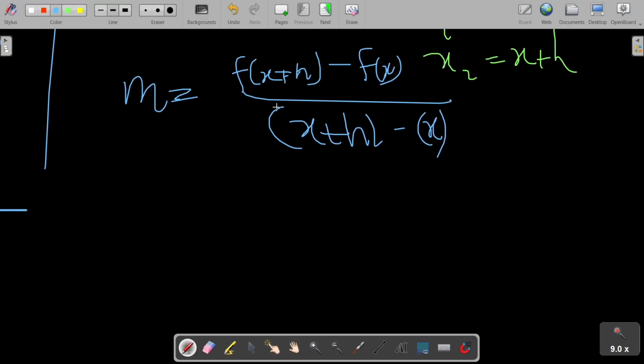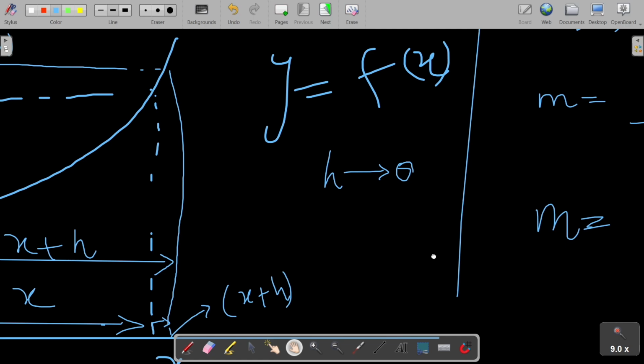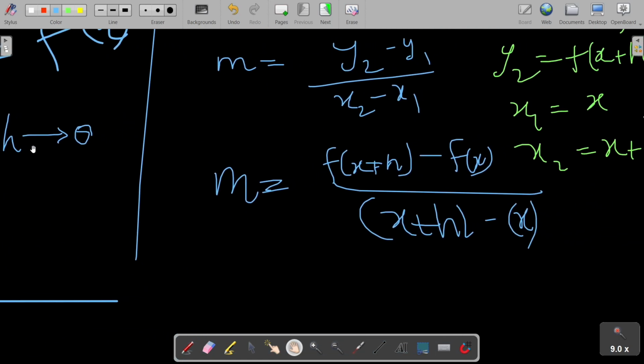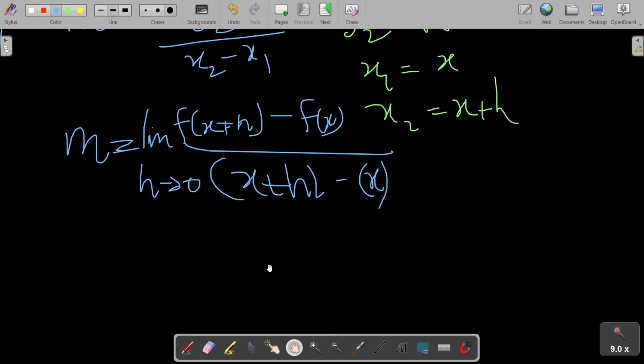If those 2 points are distinct points, then this is the slope for that particular function. But as we know, we are talking on a microscopic scale, and h is tending to 0. So we have to put a limit on this, the limit when h tends to 0. Now this is the slope for that function at that small point.